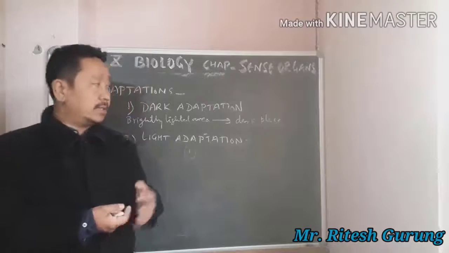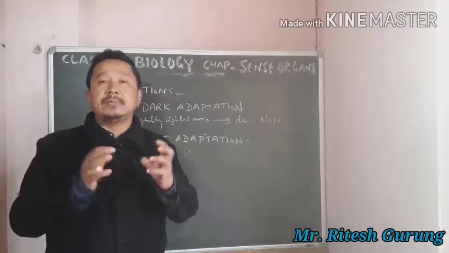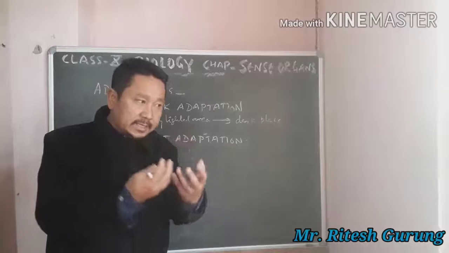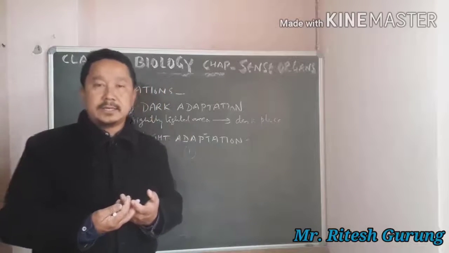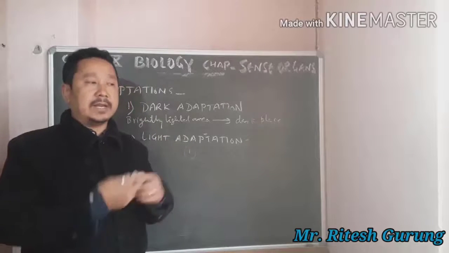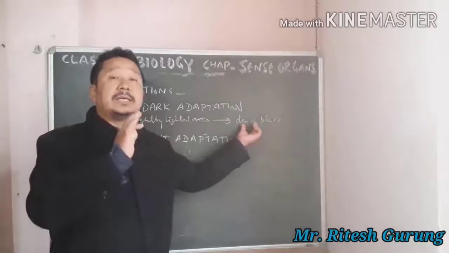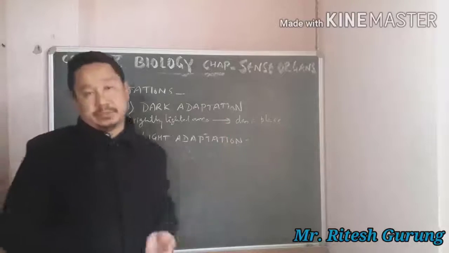Then after some time, your vision is improved and you will again start seeing the objects. So this adjustment, while coming from the brightly lighted area to the dark area, is called dark adaptation.